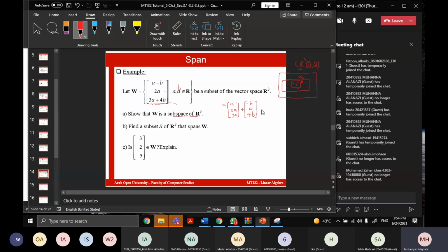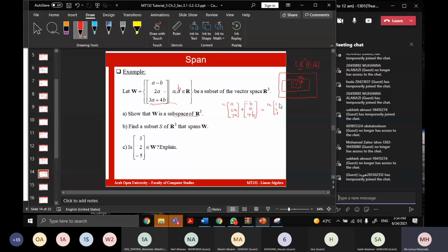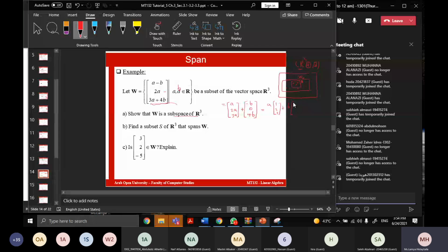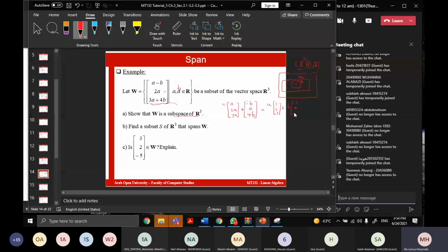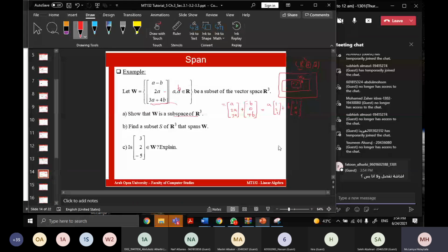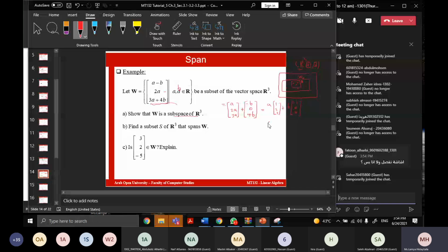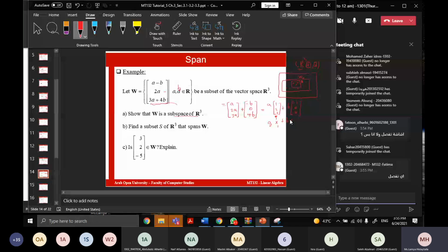Now take a and b out. The addition of these two vectors equals a times the vector (1, 2, 3) plus b times the vector (-1, 0, 4). That means it is in the form a x1 plus b x2, where a and b are real. You can name them anything.